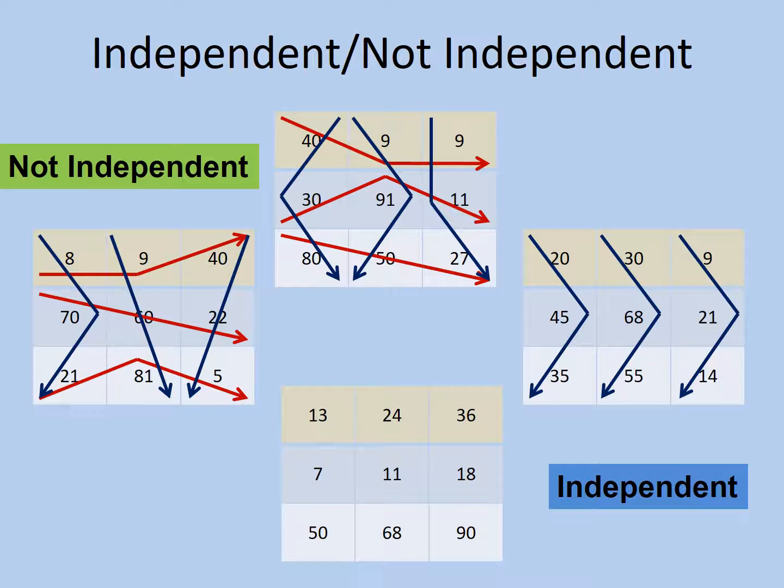If alternatively we drew vertical arrows on the table at the right, we would also see that they are parallel, indicating that the two variables are independent. So once again, whether we draw our arrows horizontally or vertically, we arrive at the same conclusion, that the two variables in the table on the right are independent.